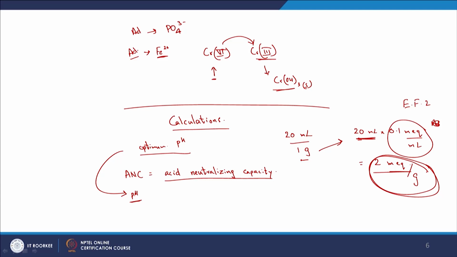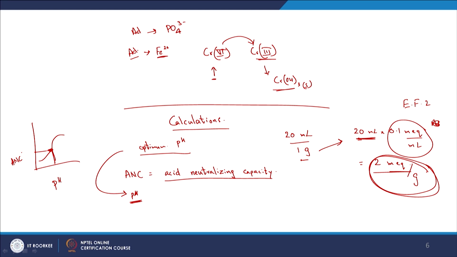And we are going to try to maintain that pH. So if I have a graph of pH versus the acid neutralizing capacity, let's say, for example, this is my graph, just assume that. I'll have to choose the acid neutralizing capacity for that particular pH, right?